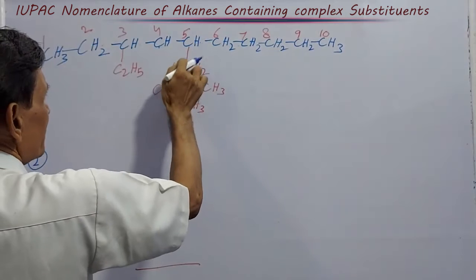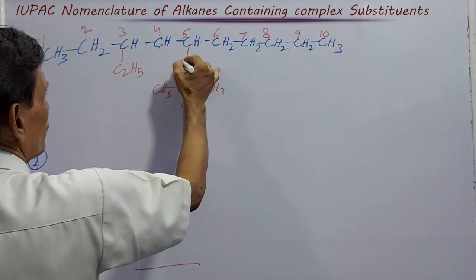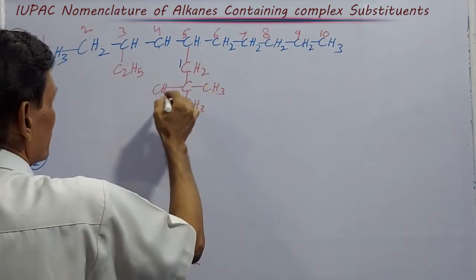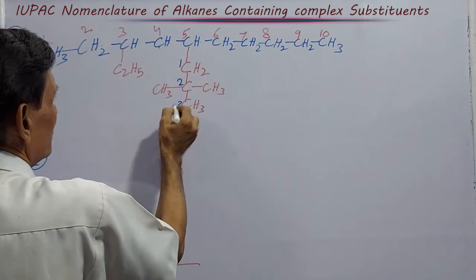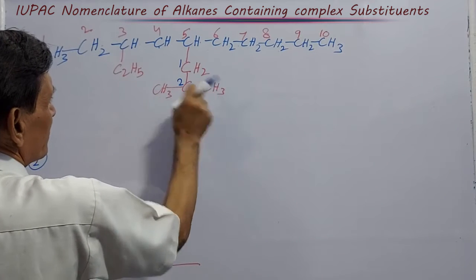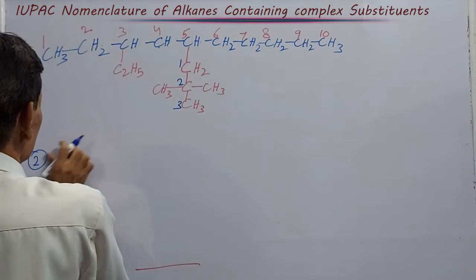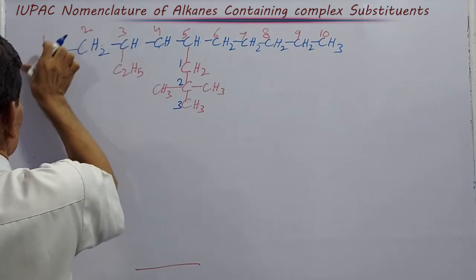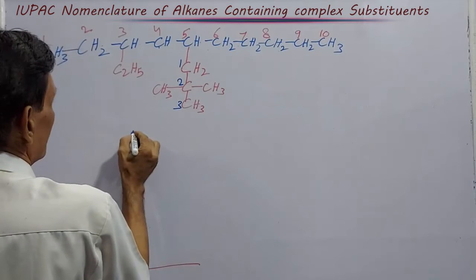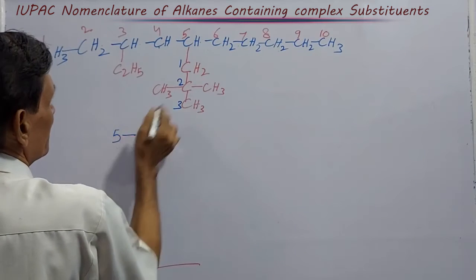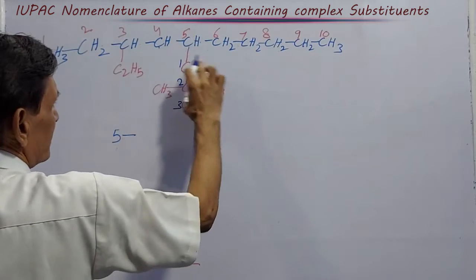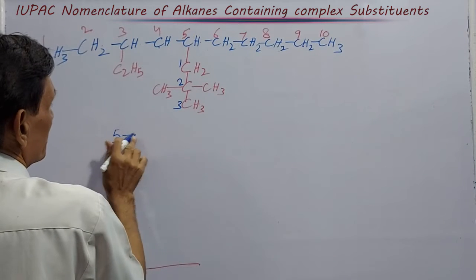Let us see. Here we will start numbering 1, 2, 3. On the second one there is a branch. Now we will write on the fifth carbon, there is a complex substituent.